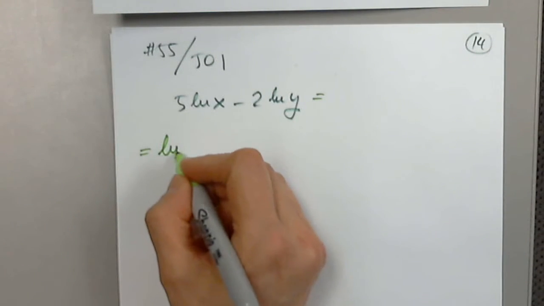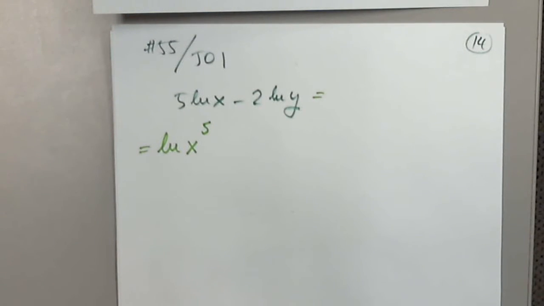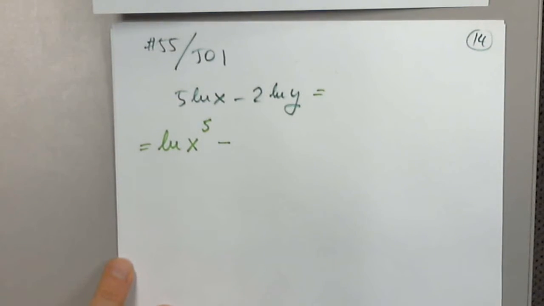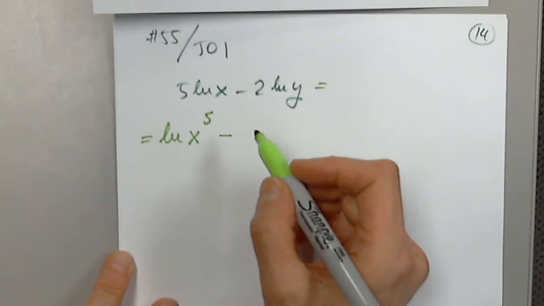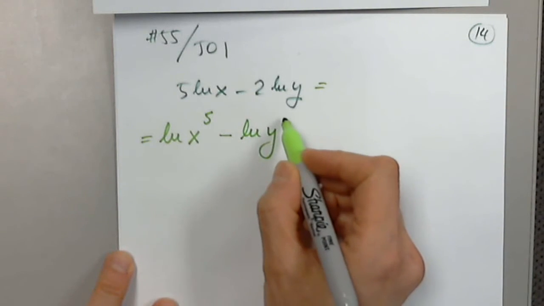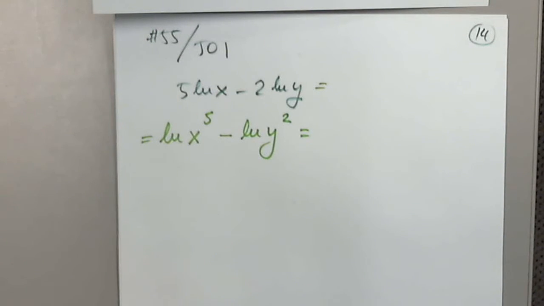Exactly. So I have to write natural log of x to the 5th power. So the number in front always comes from the power of the expression the log is applied to. Very good. And then minus? Very good. So now I have a difference of 2 logs in the same base. What will I write?